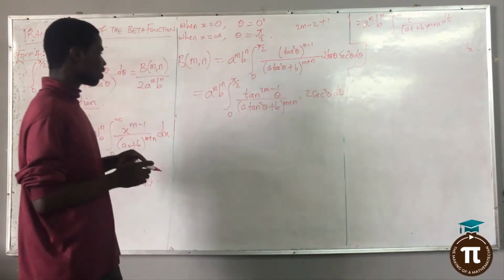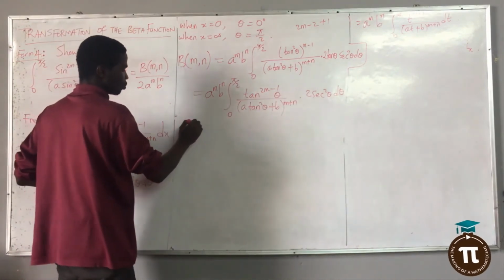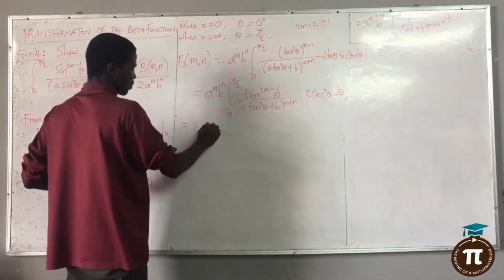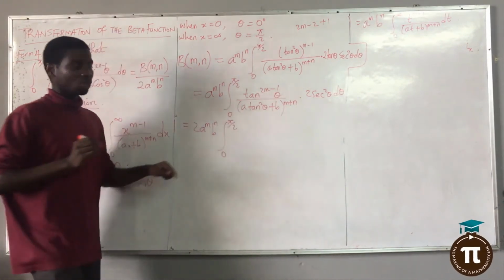So now let's write it out explicitly. Let these two come outside. This one will become 2 a raised to the power of m, b raised to the power of n, integral from 0 to pi over 2.